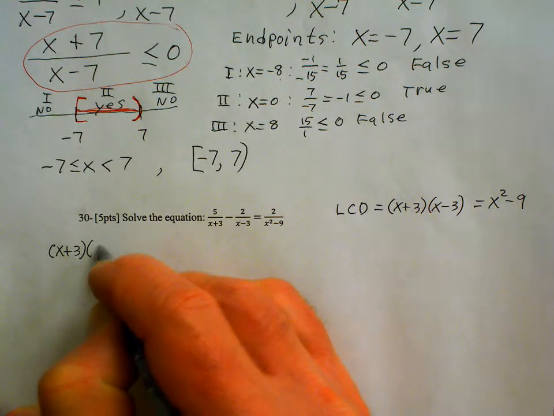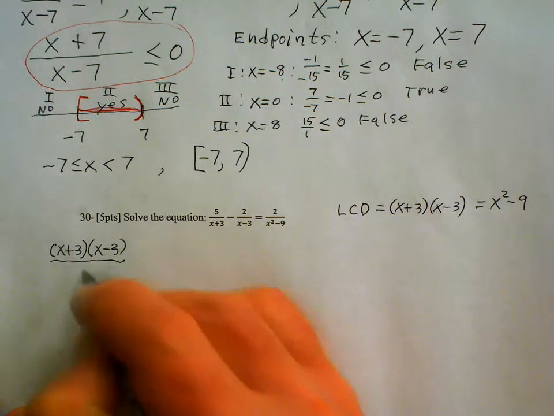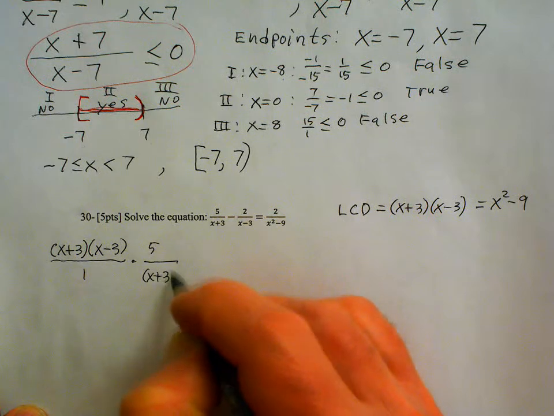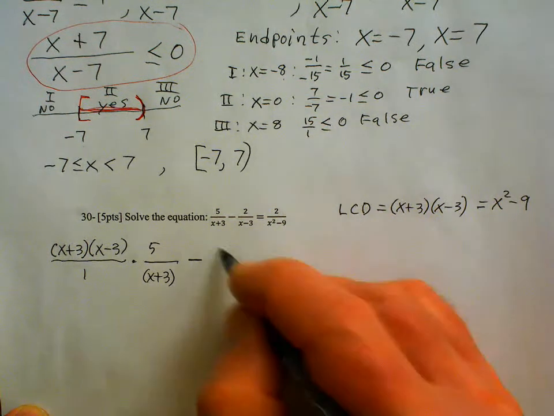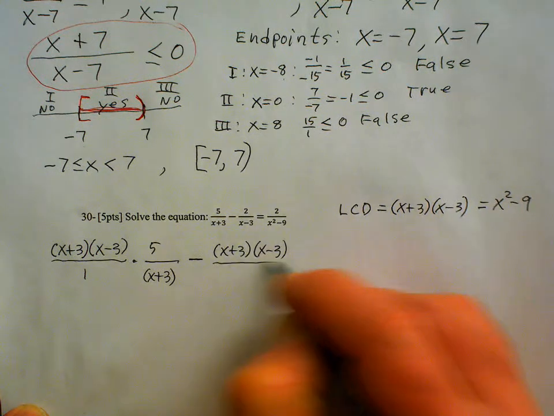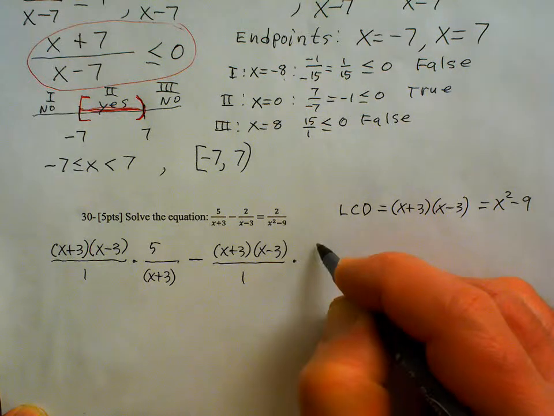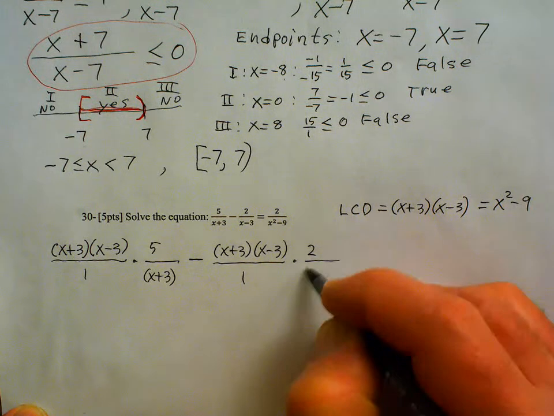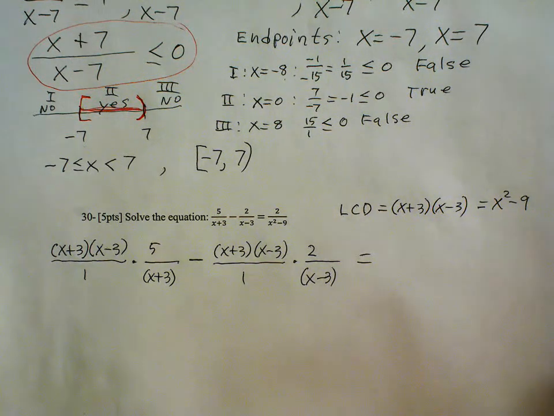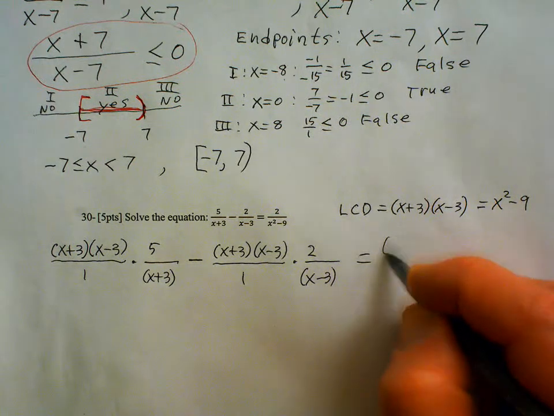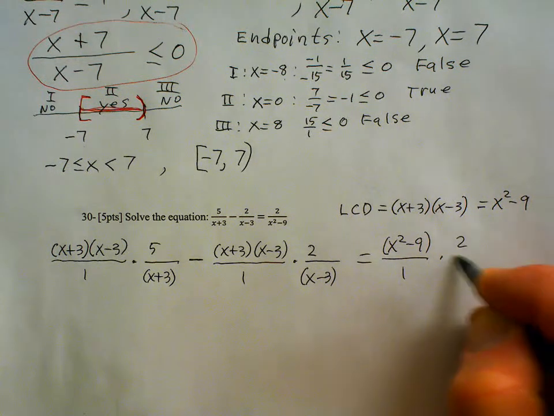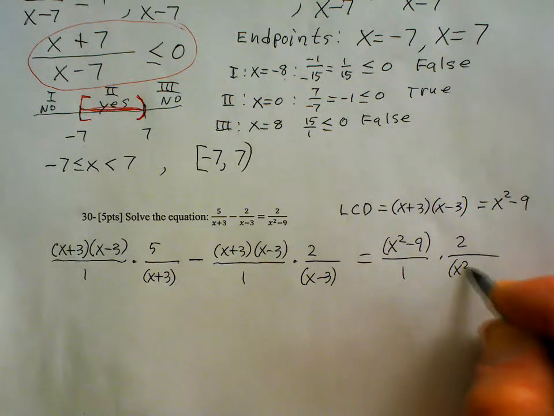X plus 3 times x minus 3 over 1 times 5 over x plus 3. And then minus x plus 3 times x minus 3 over 1 multiplied by 2 over x minus 3. And on the right-hand side, we can write the least common denominator as x squared minus 9 over 1 multiplied by 2 over x squared minus 9.